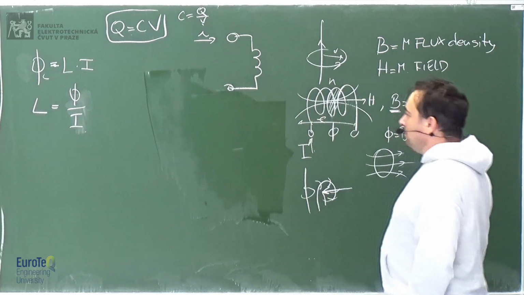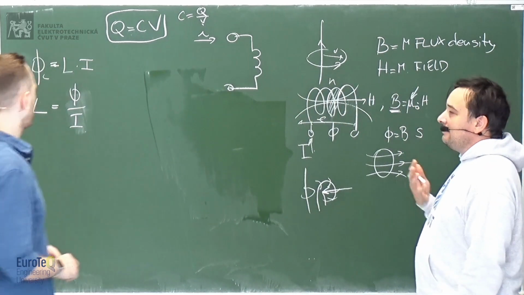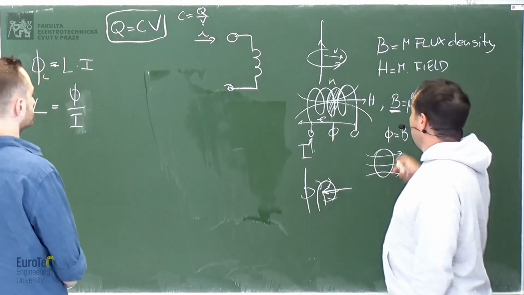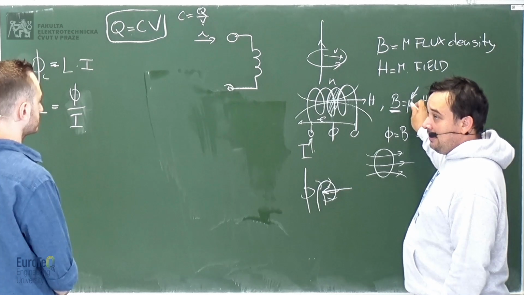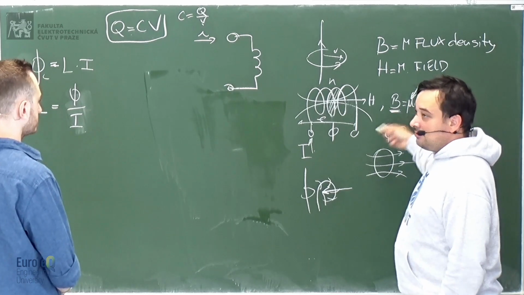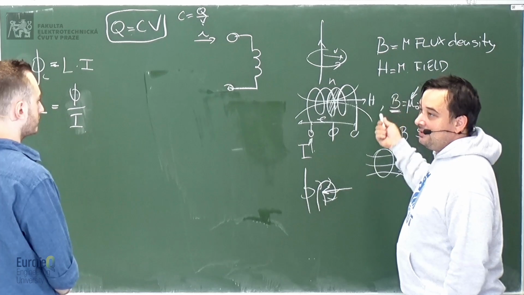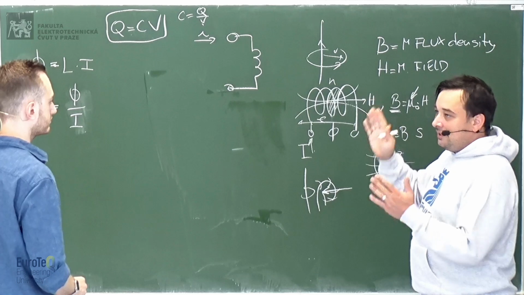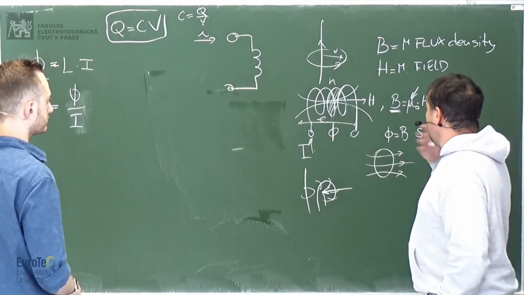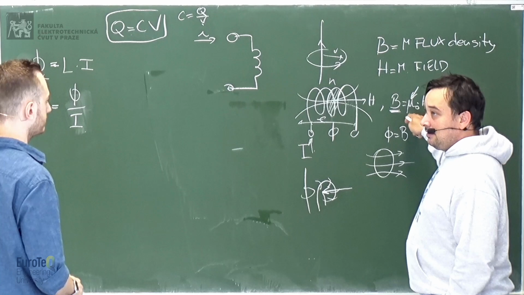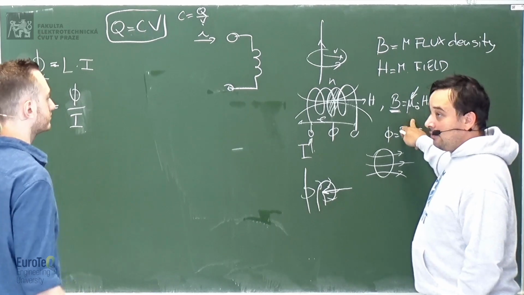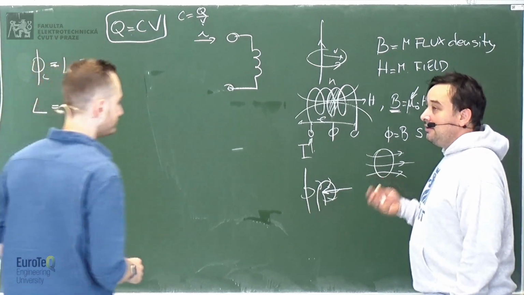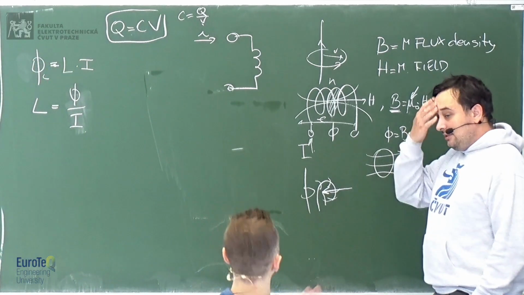If you have a bigger inductance, you get more flux for the same current, which means you have, for instance, not an air core but some iron inside. Let's assume a perfectly ideal linear iron which never saturates, or at least you work in a range before saturation. So you get a bigger mu, which means more flux for the same current, which means a bigger inductance. Your storage has increased. Exactly.